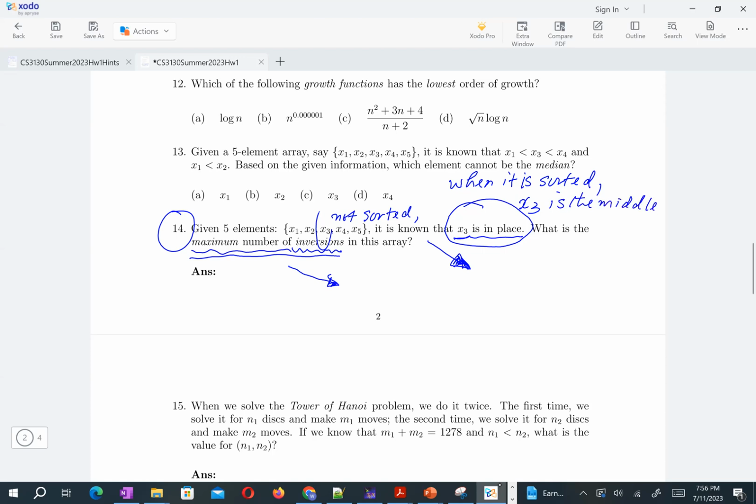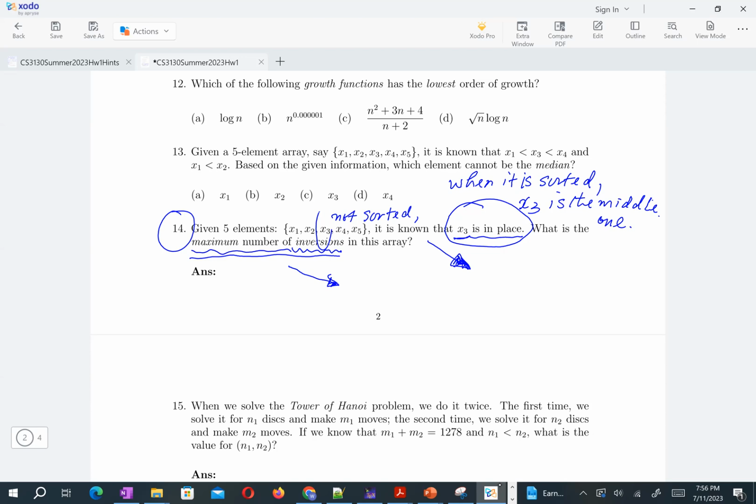Its position is in the middle. But in the original array, before it is sorted, it is also in the middle, right? And after it is sorted, it is still in the middle.